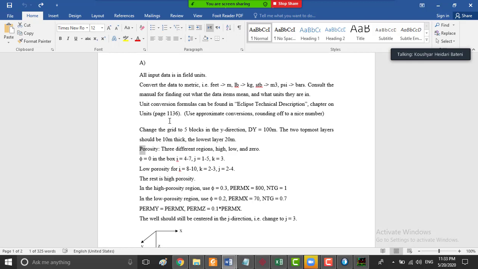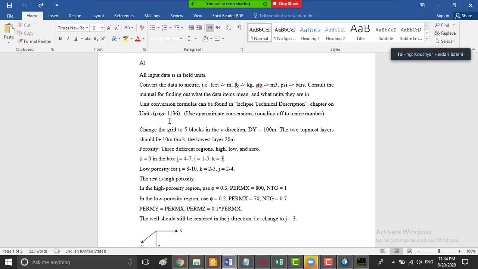In this part of the exercise, it says for the porosity, we have three different regions. A region with high porosity, a region with low porosity, and a region with zero porosity.